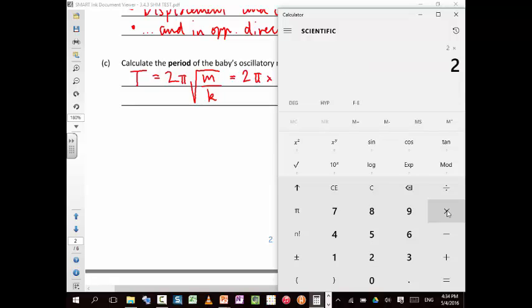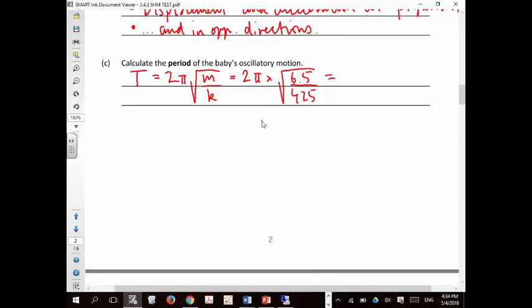I need some brackets in here: 2 times pi times open bracket 6.5 divided by 425 close bracket, square root, is equal to 0.777, so 0.78 seconds.